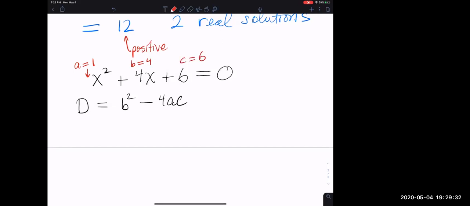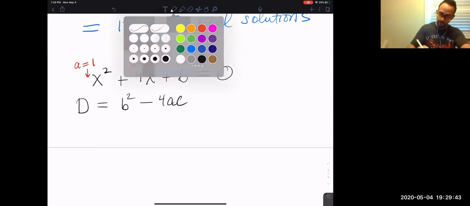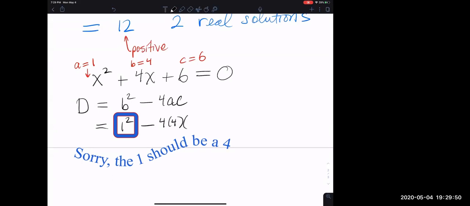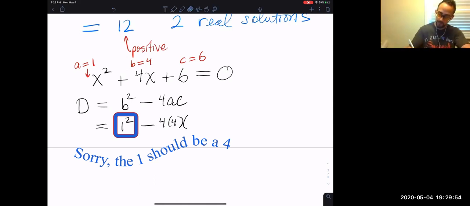Los X. Okay. So, 1 cuadrado menos 4. And then, wait, what is the B? Wait, no, hold on, my bad. So what are we gonna put in here to these two things?